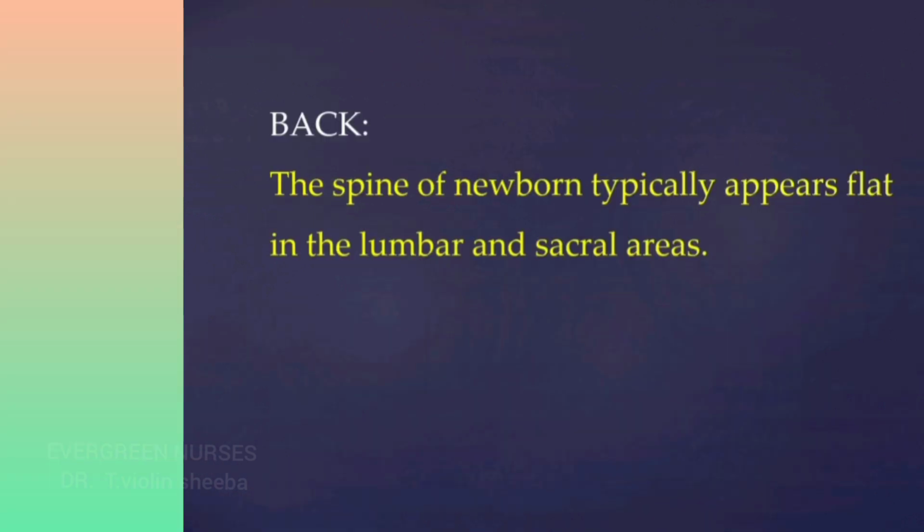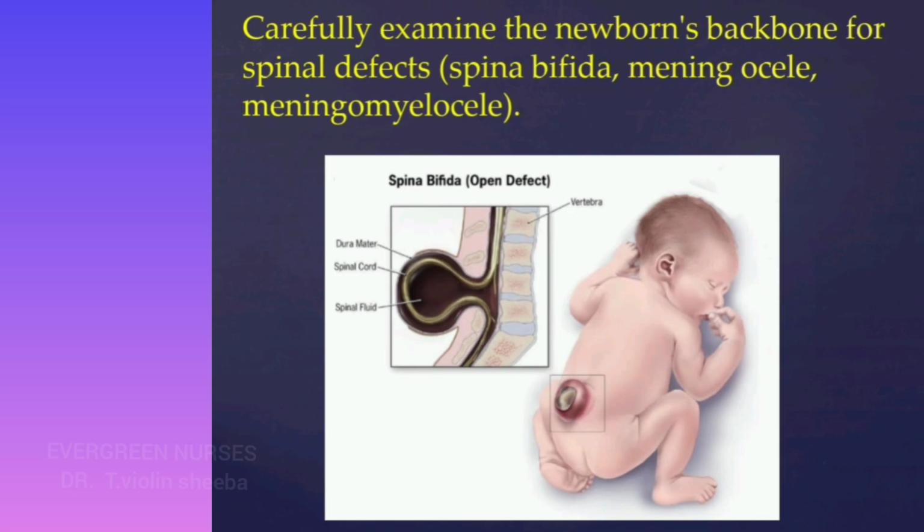The spine of the newborn typically appears flat in the lumbar and sacral area without any defect. We have to assess for any evidence of defect in the spine for spina bifida, meningocele and meningomyelocele. These are rare conditions of the spinal tract.